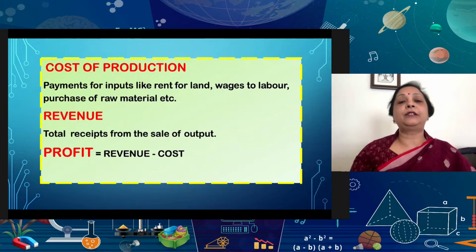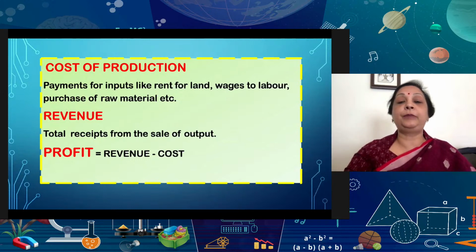In common English, when we say cost, we mean price, but not in economics. Here, cost of production is the expenditure incurred by the firm, not the price paid by the consumers. When we buy a commodity in the market, we are consumers, and we buy it at a particular price. Price is different.